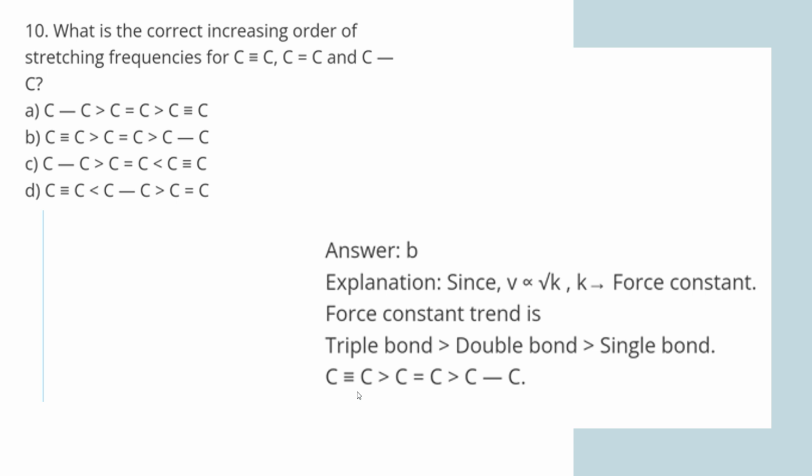Okay, and this bond strength will dictate the stretching frequency in IR. So, stronger the bond, more will be the stretching frequency. Always remember. So now you can easily compare the increasing order of stretching frequencies for the given bonds, and as you can see, option B will be the correct answer here.